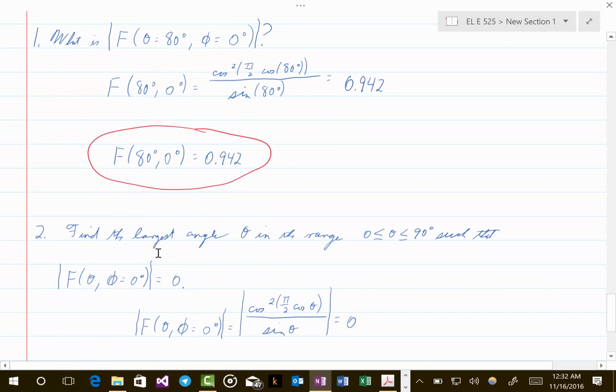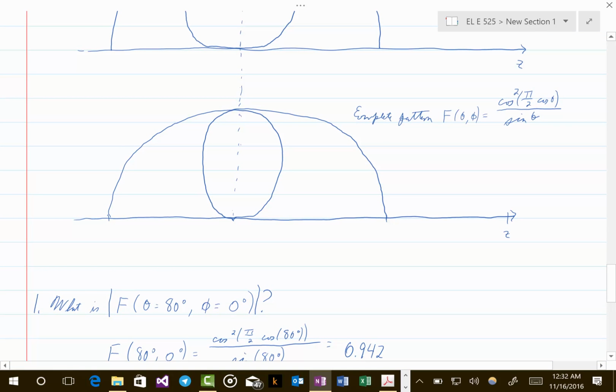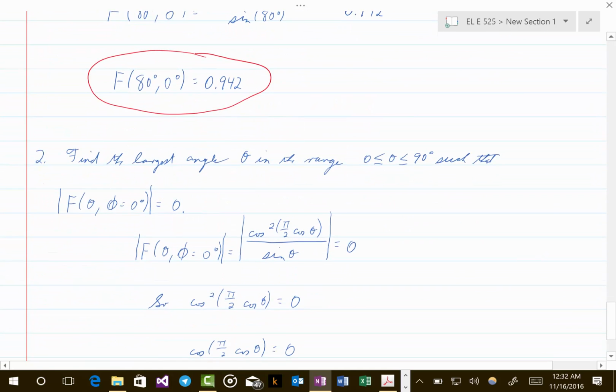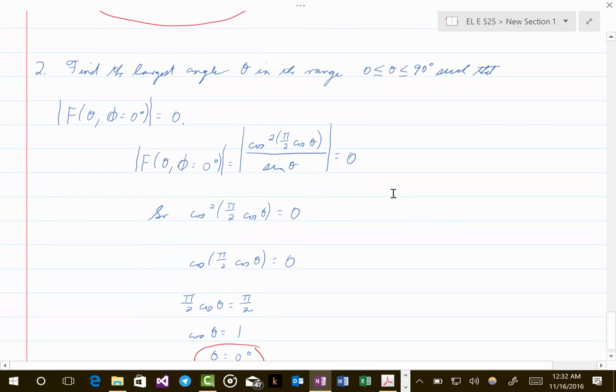And then suppose we were asked to find the largest angle theta in the range between 0 and 90 degrees, such that f of theta and phi equals 0 degrees is equal to 0. Well, just take the expression that we have here for f of theta and phi, and take the magnitude of that, because we're asked to find the angle that will make the magnitude equal 0. So the magnitude of cosine squared of pi over 2 cosine theta over sine theta, we're going to set equal to 0 and solve for theta. That's pretty simple.